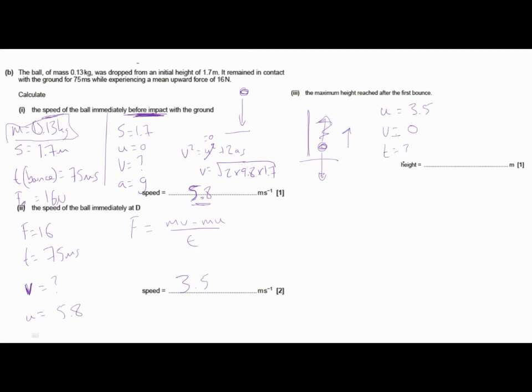The time, we don't know, but we actually don't need to care about. Acceleration is minus G, minus gravity, because it's slowing down. And S is what we're after. So what equation links these together? Well, again, it's v squared equals u squared plus 2as, where s is v squared minus u squared over 2a. So plug in all the numbers and you get 0.61 meters.